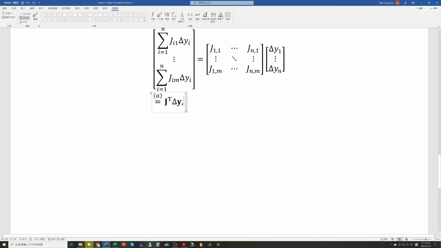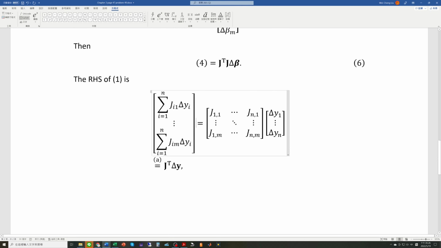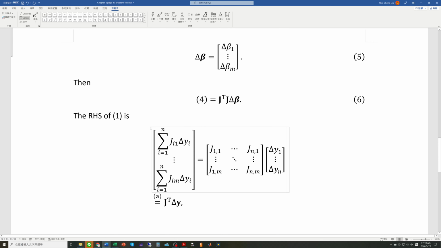So I cannot align these two symbols. So I need to use a more stupid method to align them.